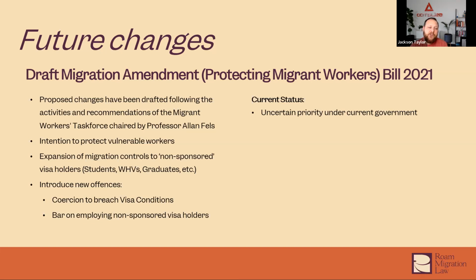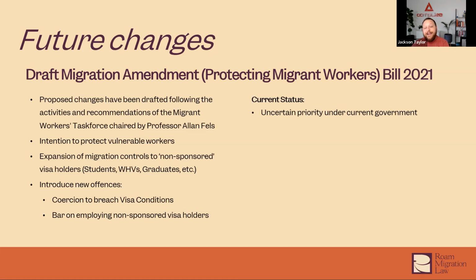The task force spent about 24 months working across government, looking at all the potential areas of risk for exploitation, not just of temporary visa holders, but in general. And not much happened. I think they reported in about 2018, and then there was very little or no movement until last June, where we got this draft bill.